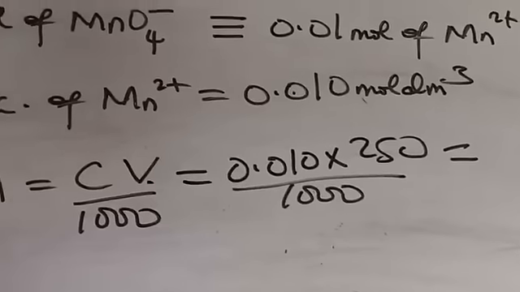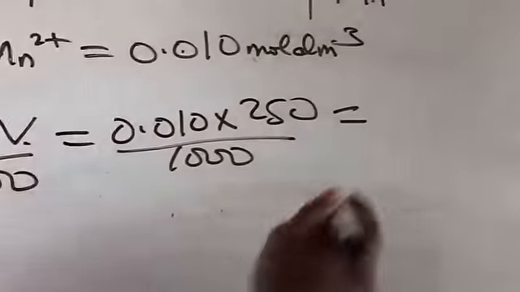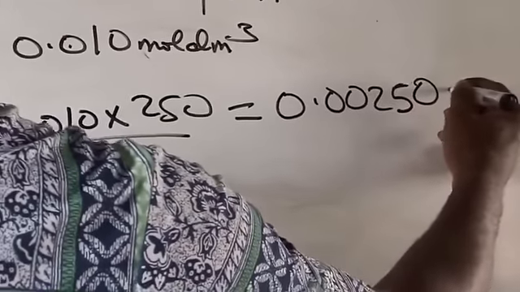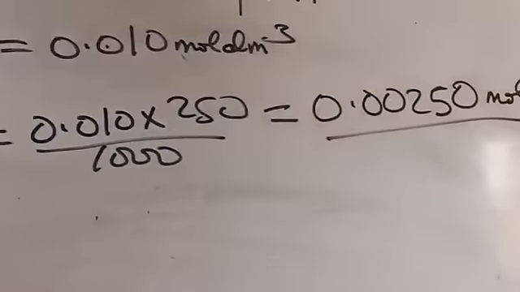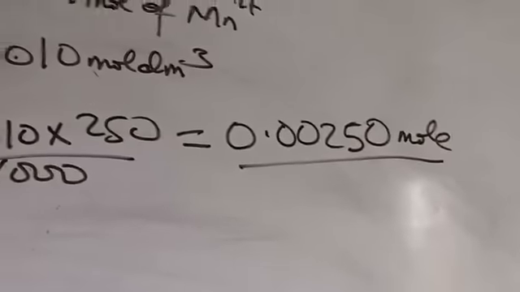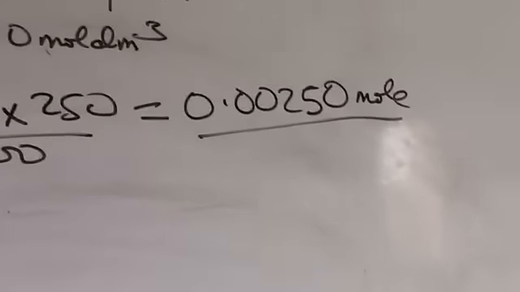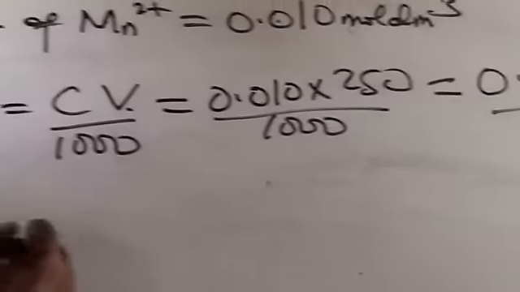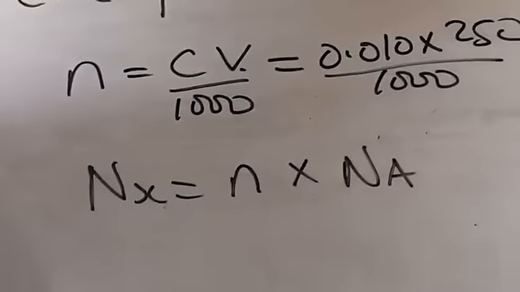Someone else should try it and get the right answer. We have 0.0025. Put another zero at the back to make it 3SF. So this is not the answer. We're not looking for number of moles. We're looking for number of ions. Having found the number of moles, number of ions equals number of moles times Avogadro's constant, which is given to us.